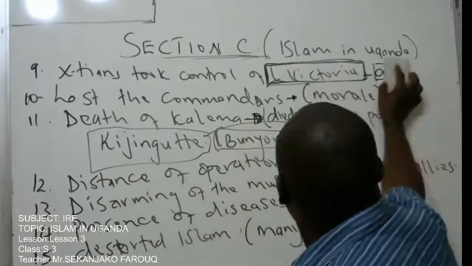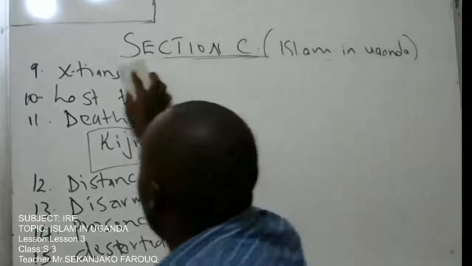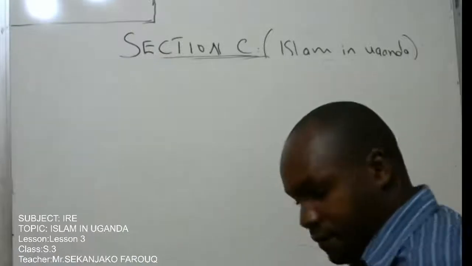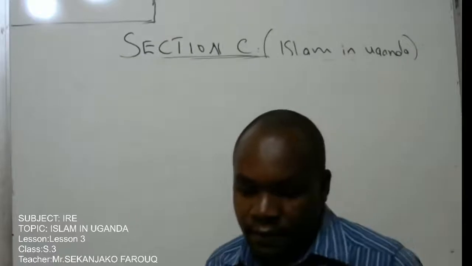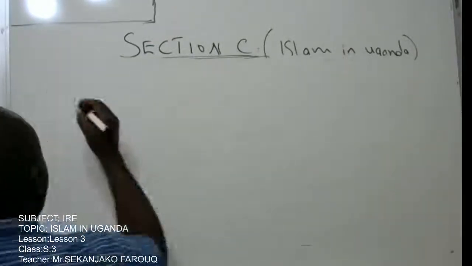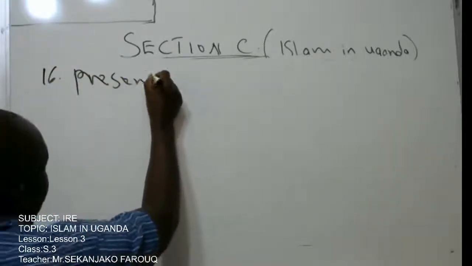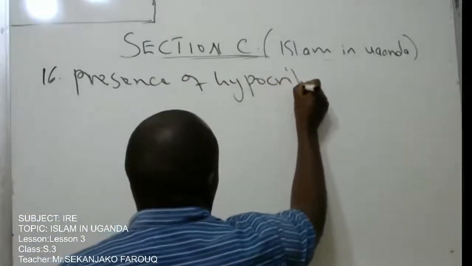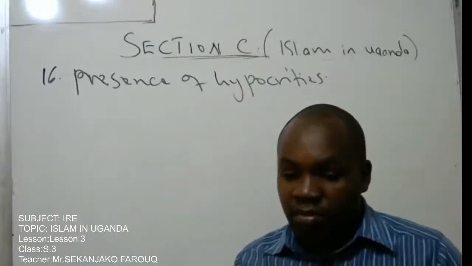So as I wrap up, I'm looking at other reasons why the Muslims were defeated in the political religious wars. Another one, number 16, was the presence of hypocrites among the Muslims.